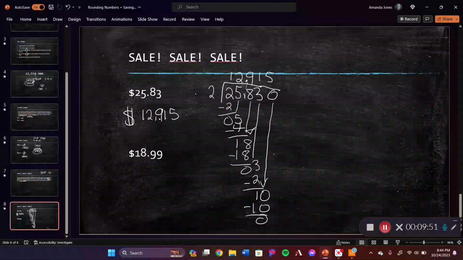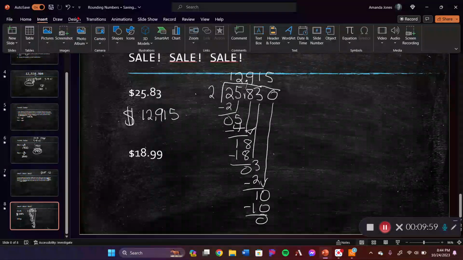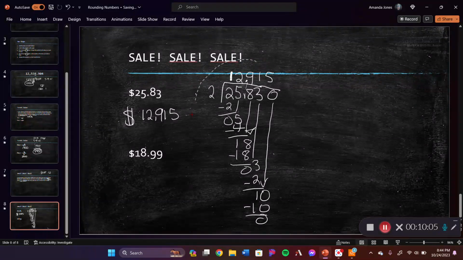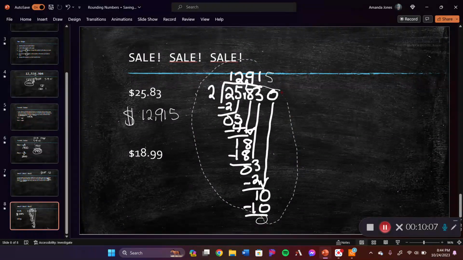What? How do you pay 91.5 cents? That doesn't work. So that's where we need to round. And your receipt actually does this for you. Like the computer does it for you. And that's how you end up knowing what to pay at the grocery store or when you're spending your Christmas money.